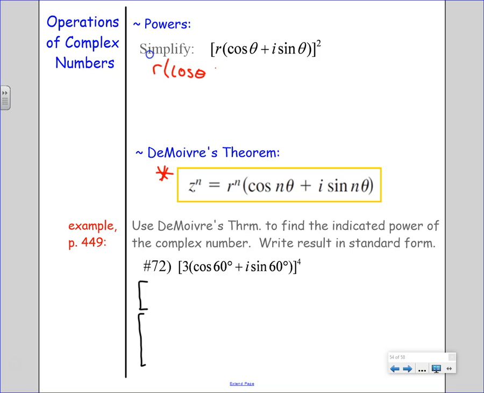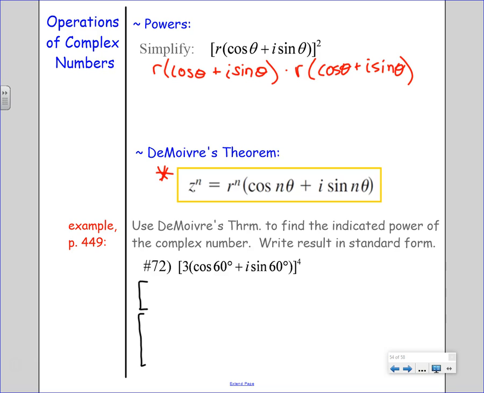Like I've taught you all year, in order to not kill a puppy, to square a binomial, multiply it by itself. I'm not going to go through all the math, because long story short, we do have a formula. But some of you can follow this, so I'm just going to give you a peek.